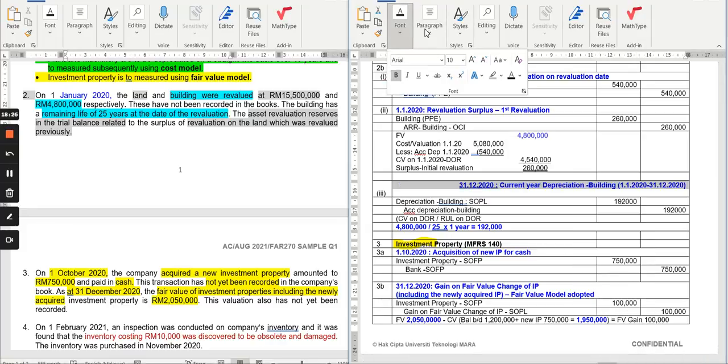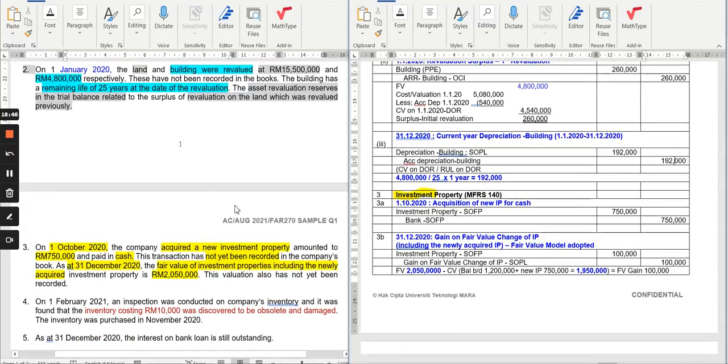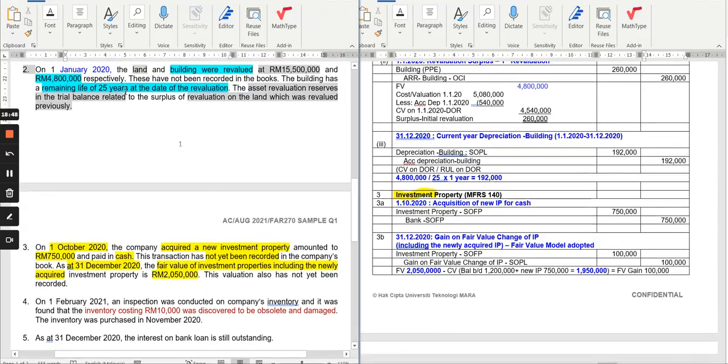And therefore the information here, if you can see, depreciation building 192. How do you get 192? The carrying value divided by the remaining useful life, and you were informed that the remaining useful life on the revaluation date is 25 years.